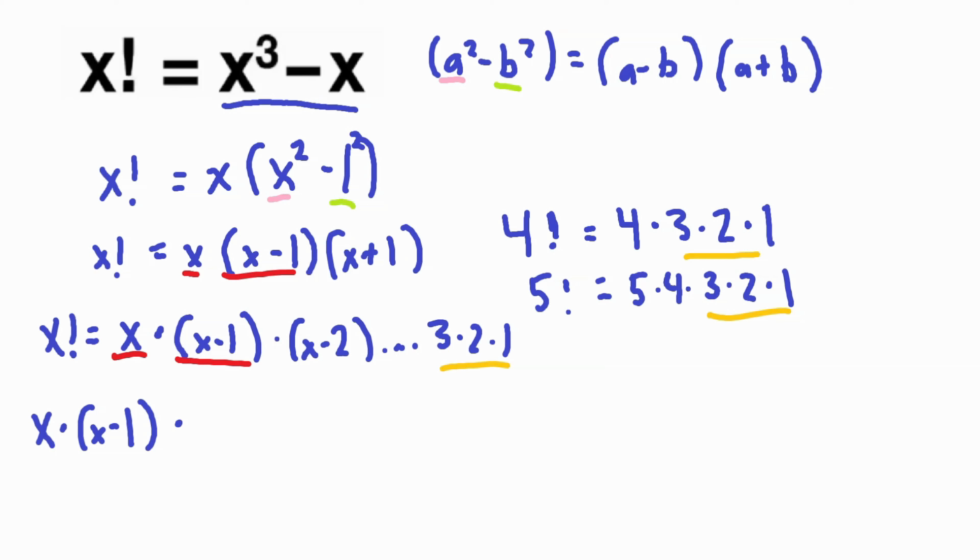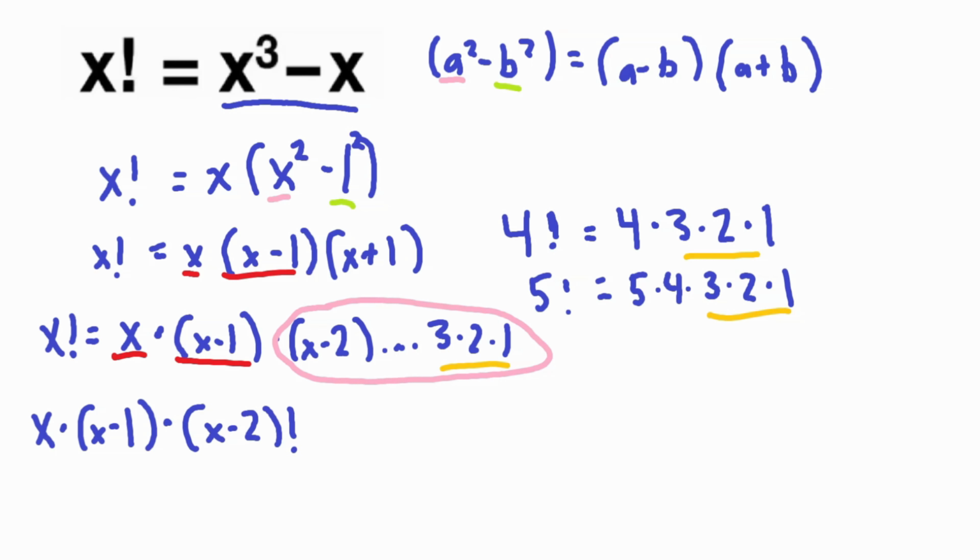The only way that we can rewrite this when we're not sure how many numbers we have is by using a factorial again. If you notice, at this x minus 2, the numbers keep going down until it reaches 1, right? So now we can write this part of the x factorial as x minus 2 factorial.